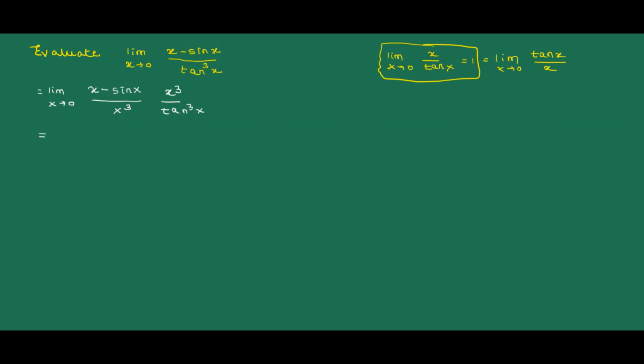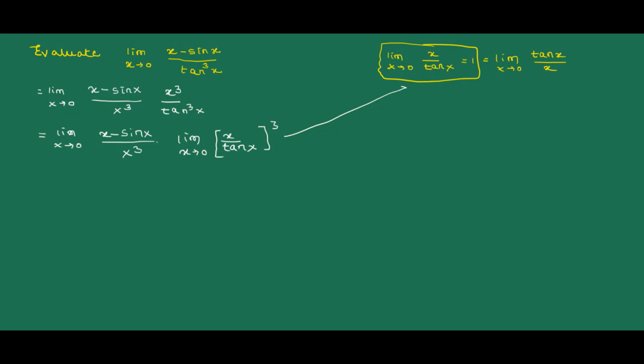So the same term again we can write as limit x tends to 0 of (x minus sine x) divided by x cube, into limit x tends to 0 of (x divided by tan x) whole cube, since x cube divided by tan cube x can also be written as (x divided by tan x) cube.